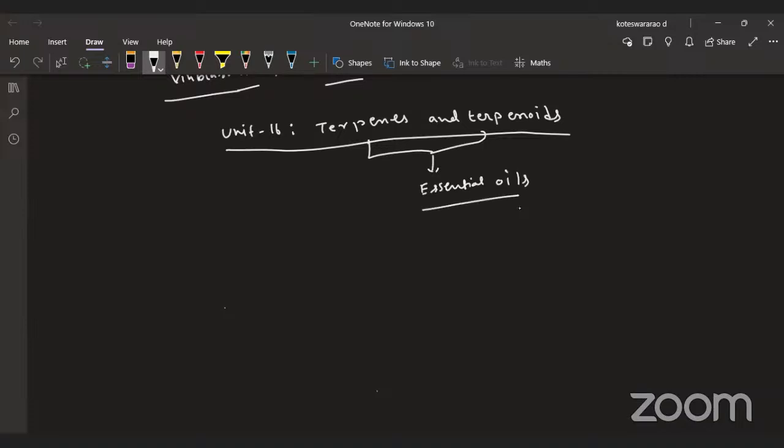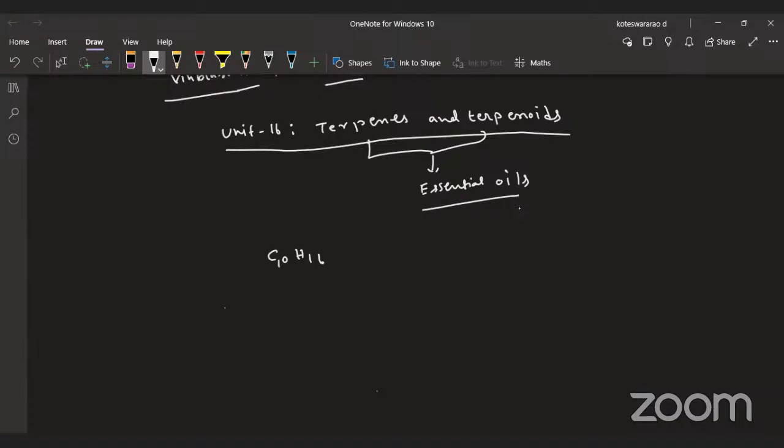How are these defined? In earlier days, the term terpenoids was used for a mixture of isomeric hydrocarbons with molecular formula C10H16 occurring in turpentine and many other essential oils.